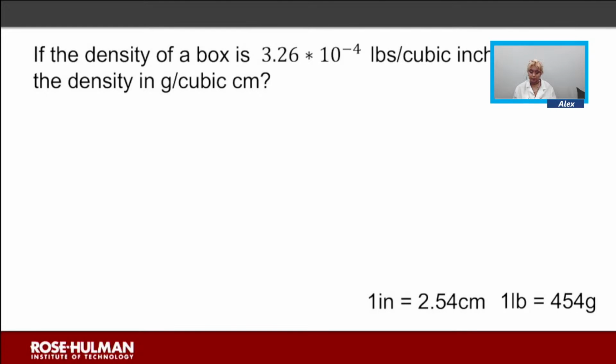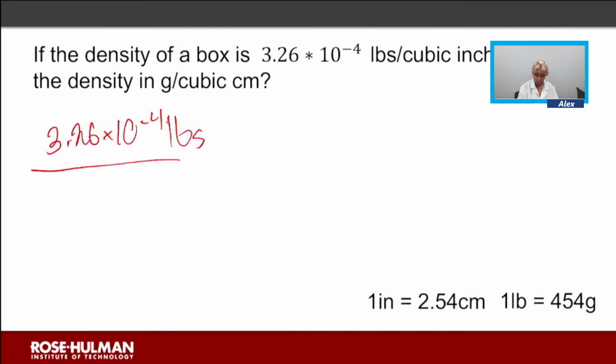It's dealing with density, which is a measure of volume over area. So here we have 3.26 times 10 to the negative 4 pounds per cubic inch. And we want to get that to grams per cubic centimeter.